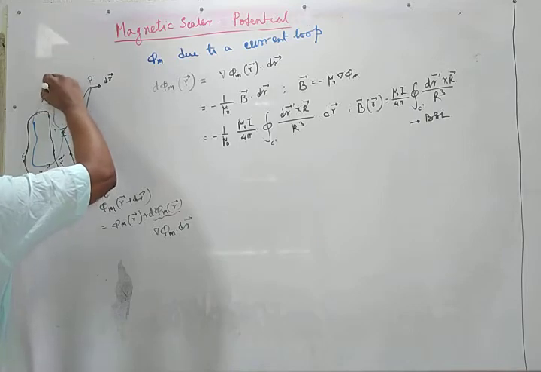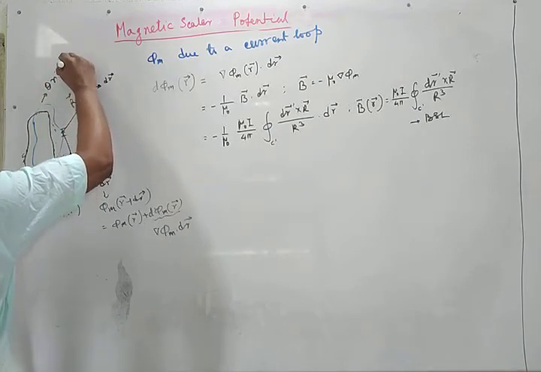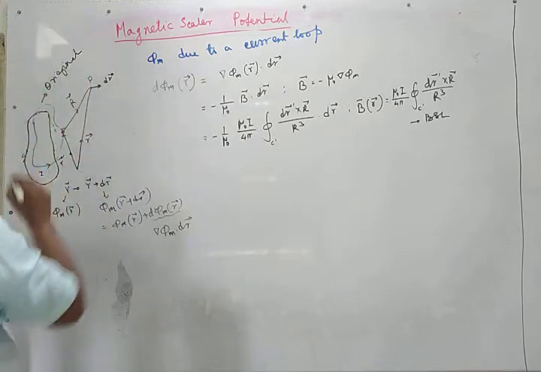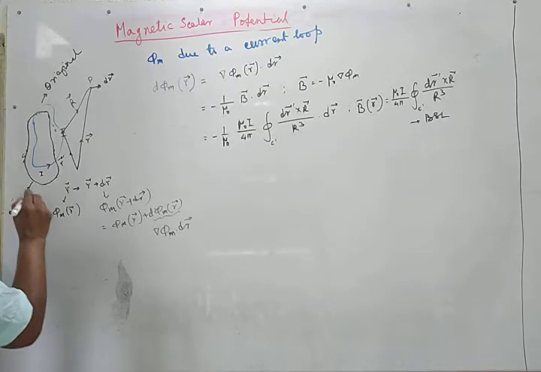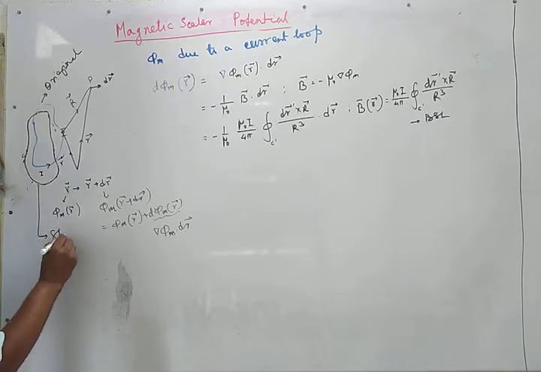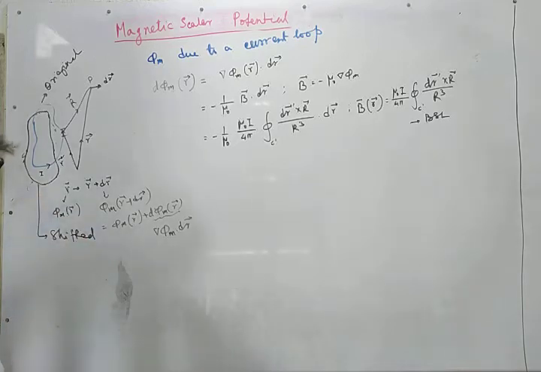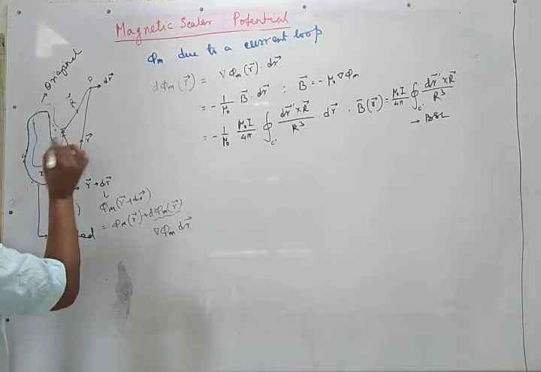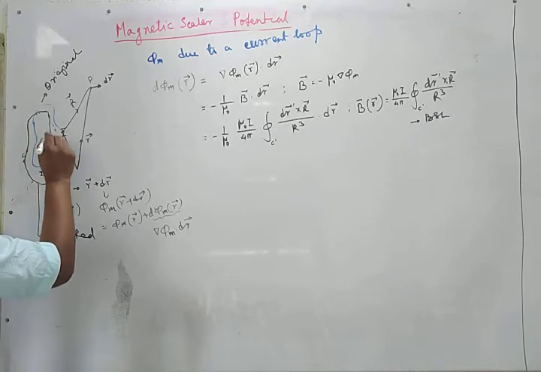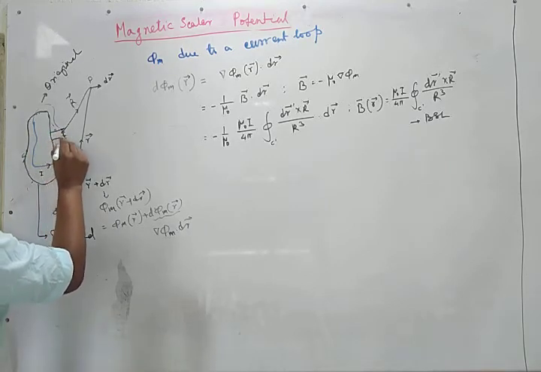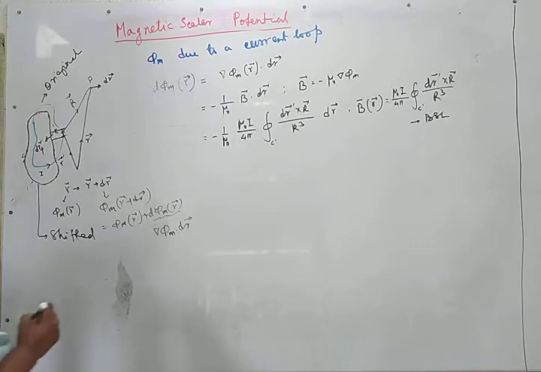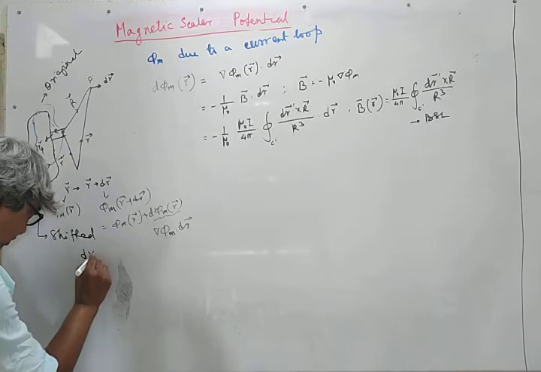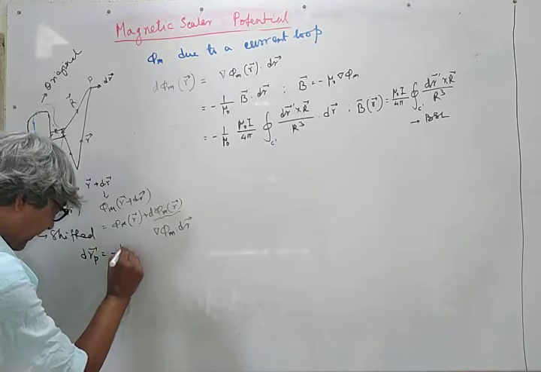This is the original position of the conductor. This is the shifted position of the conductor. So we shift it by an amount drp, so that drp is equal to minus dr.